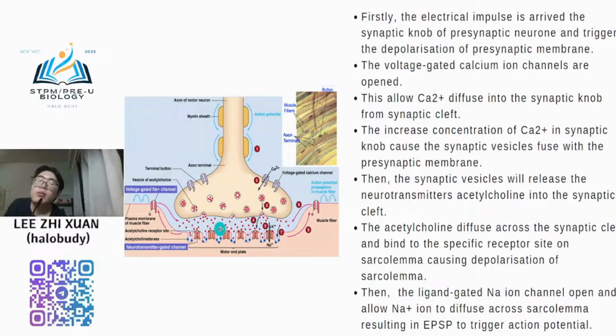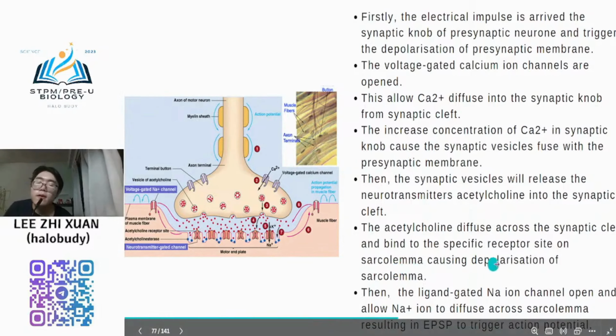This process is totally the same as what you learned in the synapse. The electrical impulse reaches the synaptic node, and calcium ion channels open, allowing calcium ion to go inside the synaptic node. The concentration increases, causing the synaptic vesicle to fuse with the presynaptic membrane, and then the neurotransmitter is released. The neurotransmitter involved is acetylcholine. The acetylcholine will diffuse across the synaptic cleft and bind the receptor on the sarcolemma, causing depolarization.